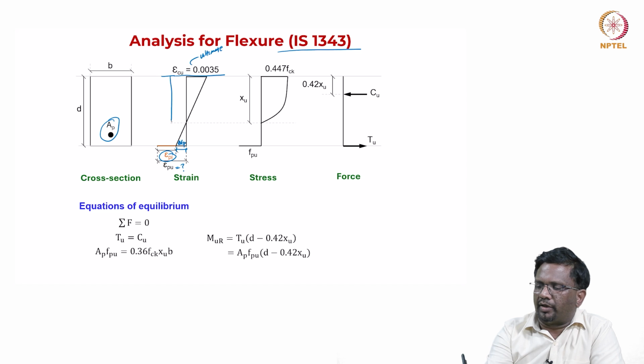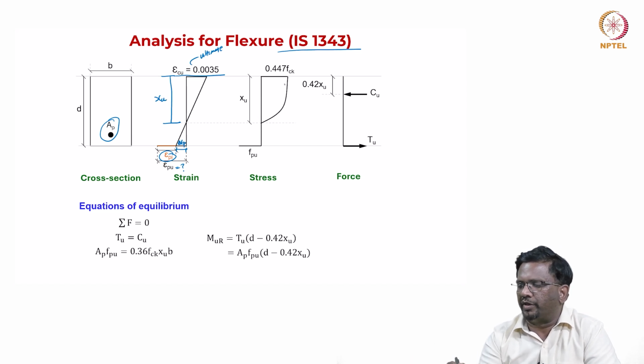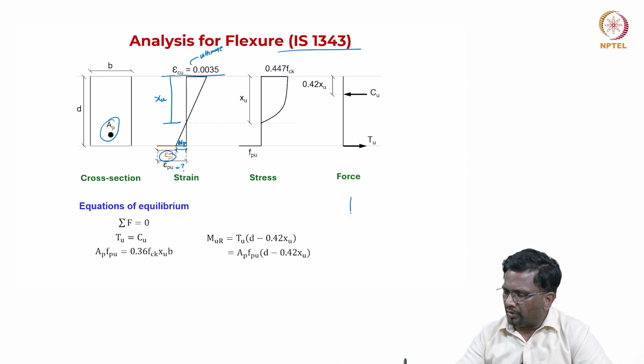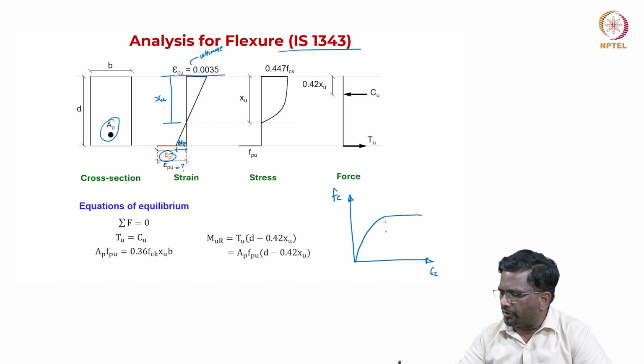To calculate that, we have to assume different values of XU, like what you have seen here. And for this strain, how do we get the stress block? If you remember, for the IS code, the stress block is like this: fc and epsilon c. This goes straight and then it remains constant, right. This happens at 0.002 and this is considered till 0.0035.